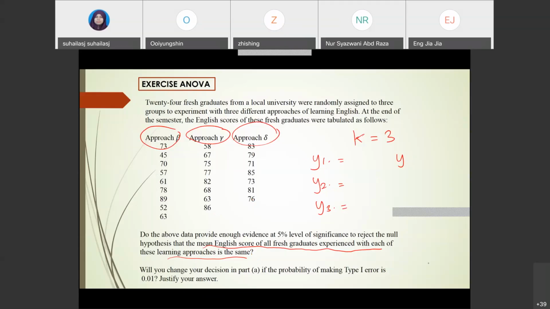Also compute double summation Yij square.